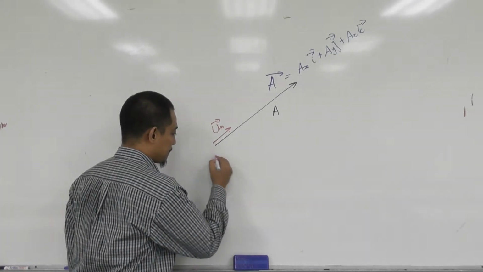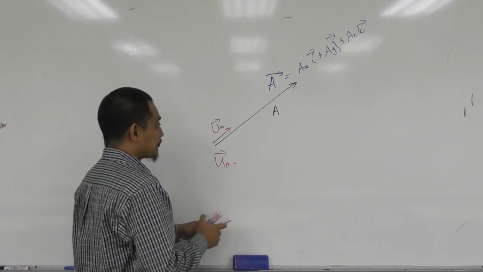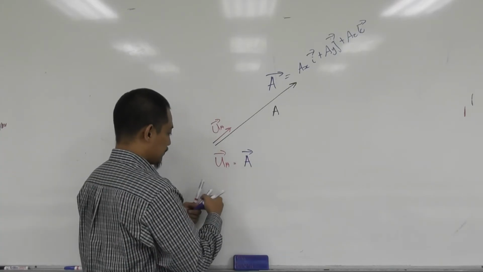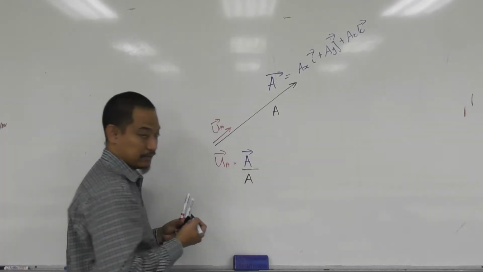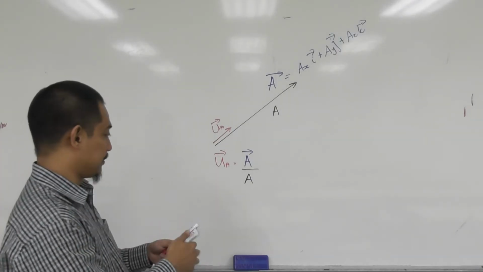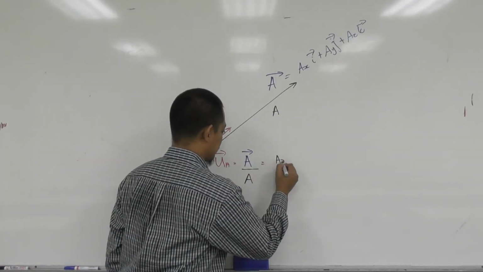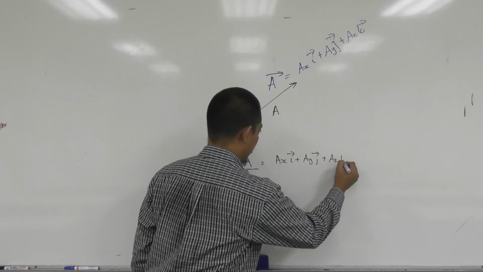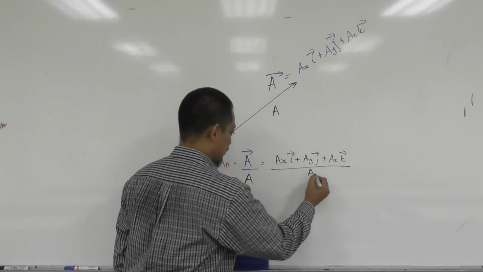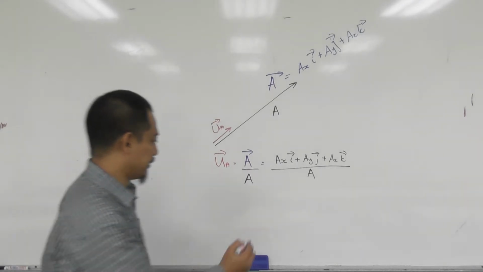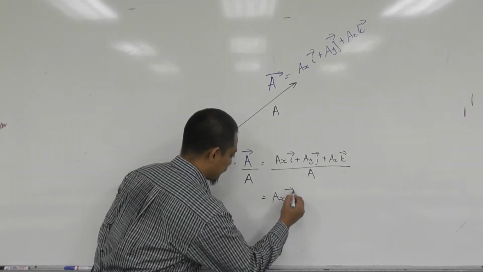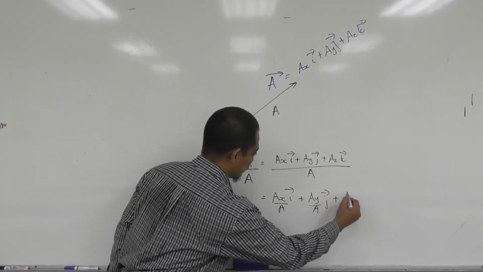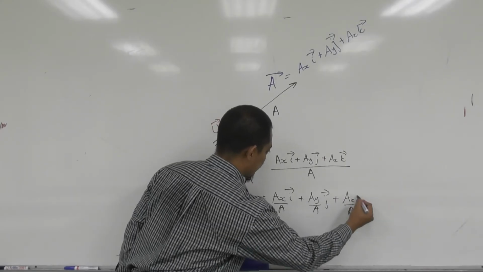So uA is just A divided by the magnitude of A. The vector A divided by the magnitude of A. So what you get is basically ax i plus ay j plus az k over A. Or if you simplify, then you get ax over A i plus ay over A j plus az over A k.